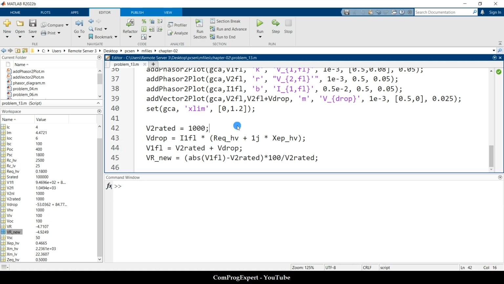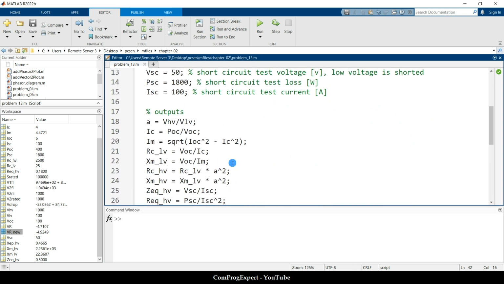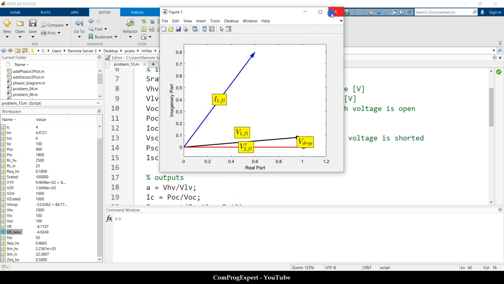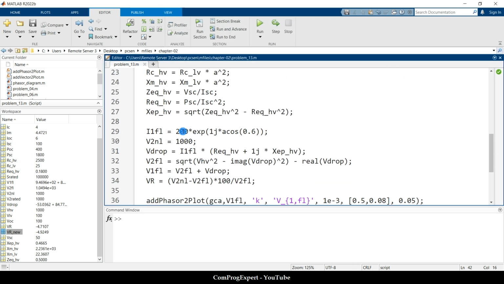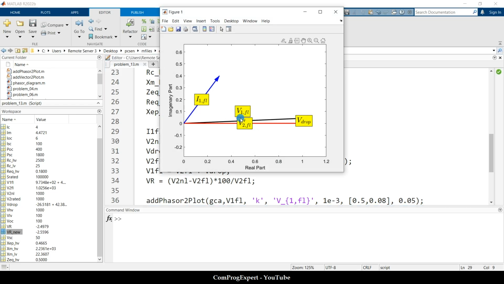Anyway, you can use this M file, run the code, generate the vector diagram for different operating conditions, and calculate quantities, compare.